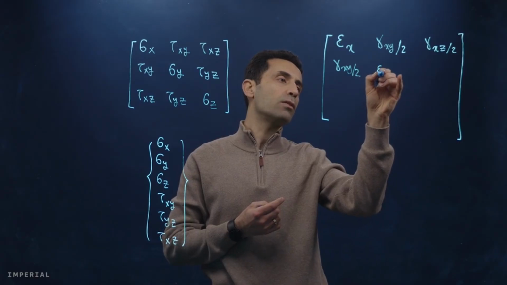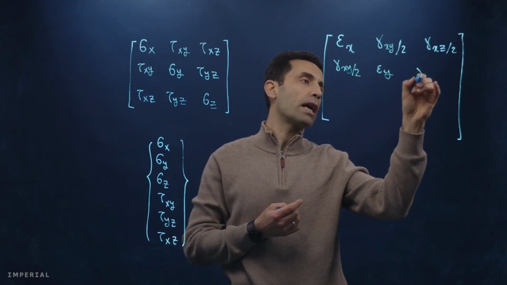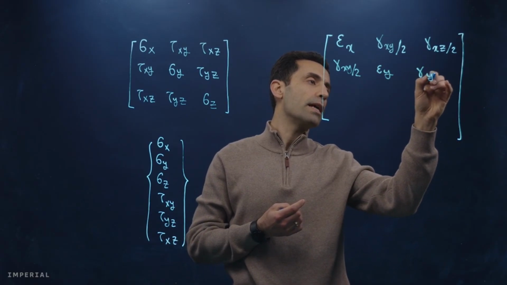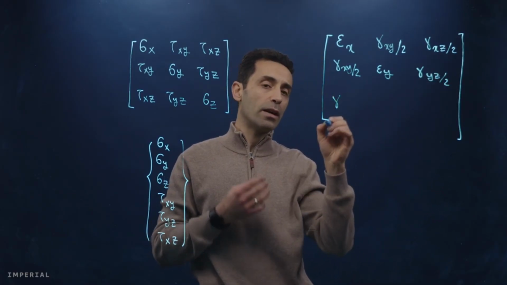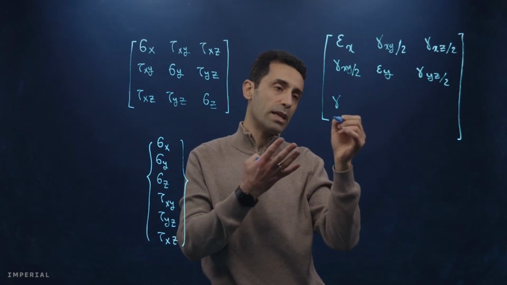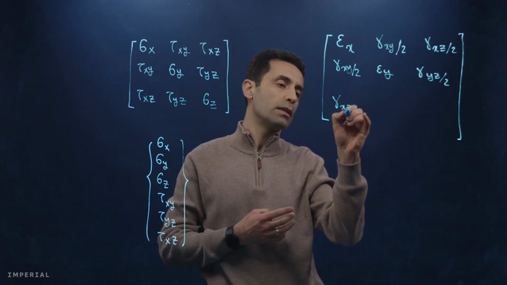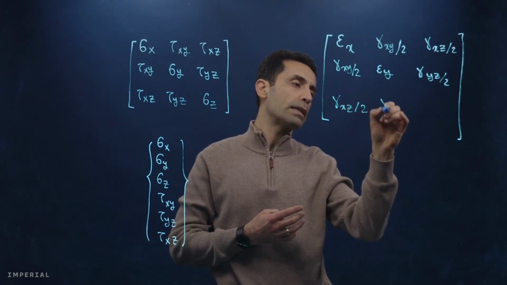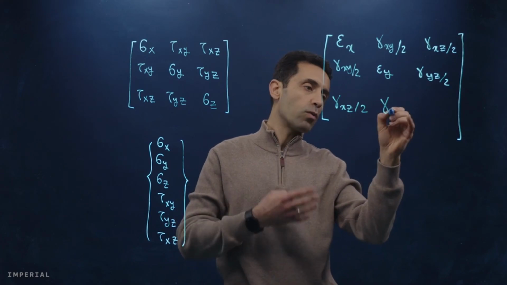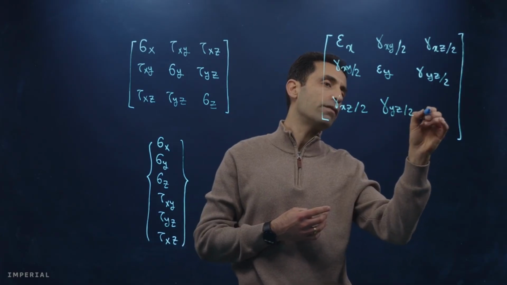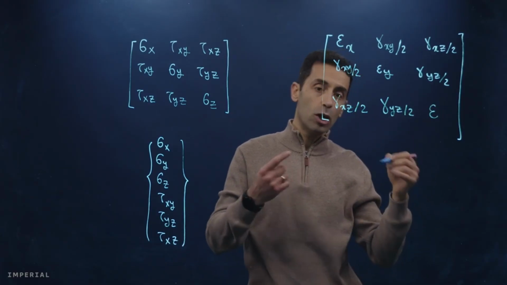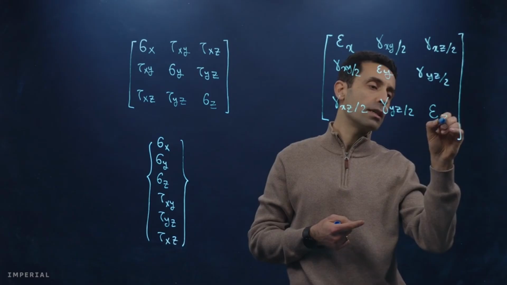We have epsilon y, and here we have gamma yz divided by 2. Then here we have gamma xz or zx, they're equal to each other, divided by 2. Gamma zy or yz, again equal to each other, divided by 2. And finally the other normal strain, which is epsilon z.